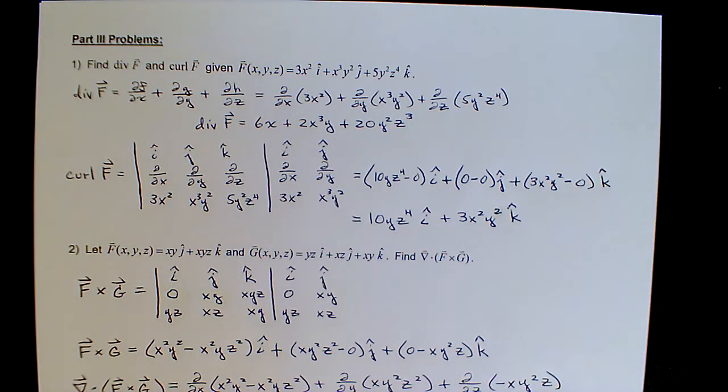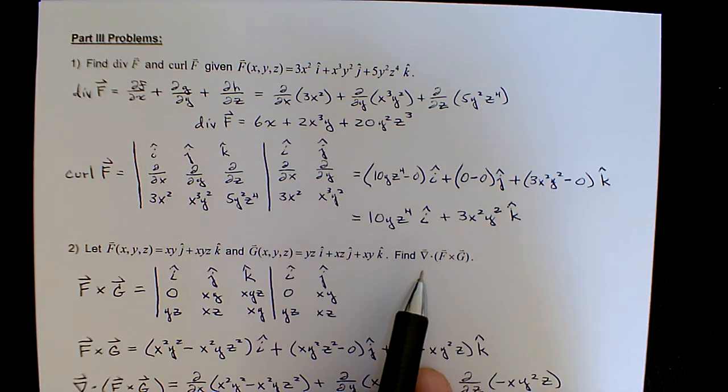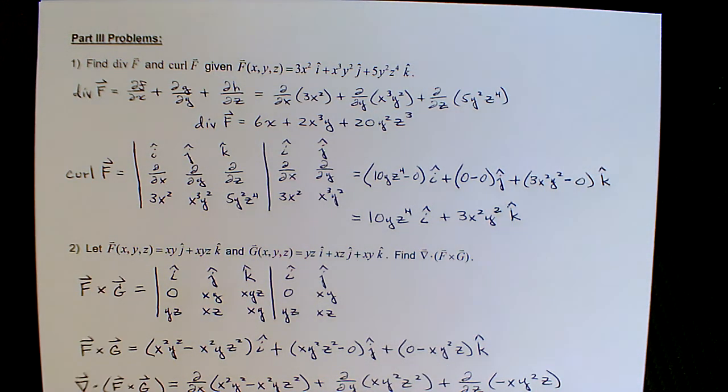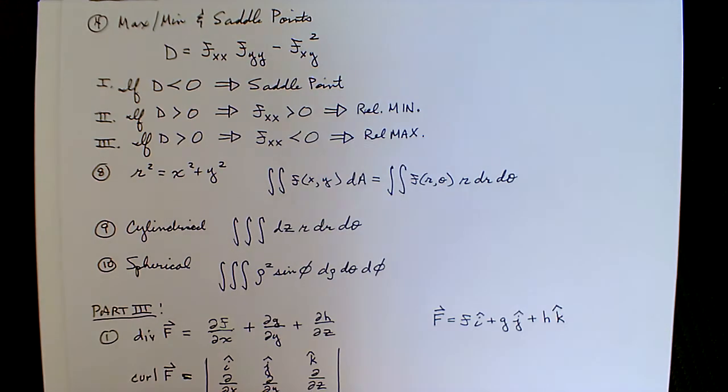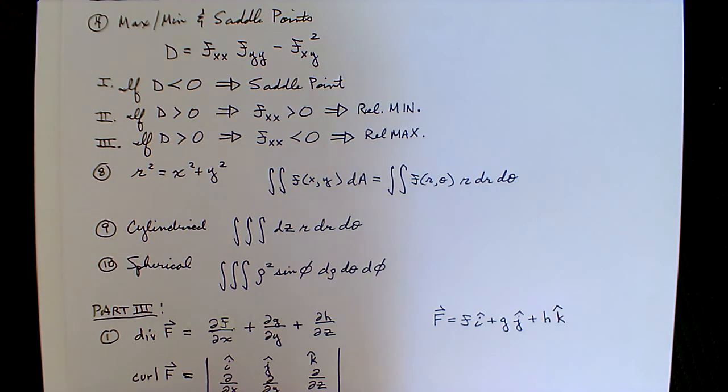This next question has to do with the del operator. Just remember, del dotted with a function is really the divergence. I mentioned that here. Del dotted with f is really the divergence of f.